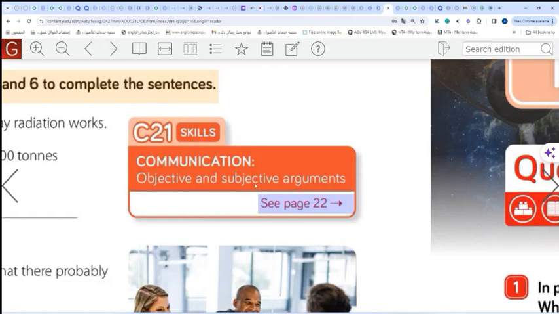This is called subjective. But to be fair and not influenced by your own personal feelings or experiences, and based on facts, this is called objective. This could be called an objective argument.